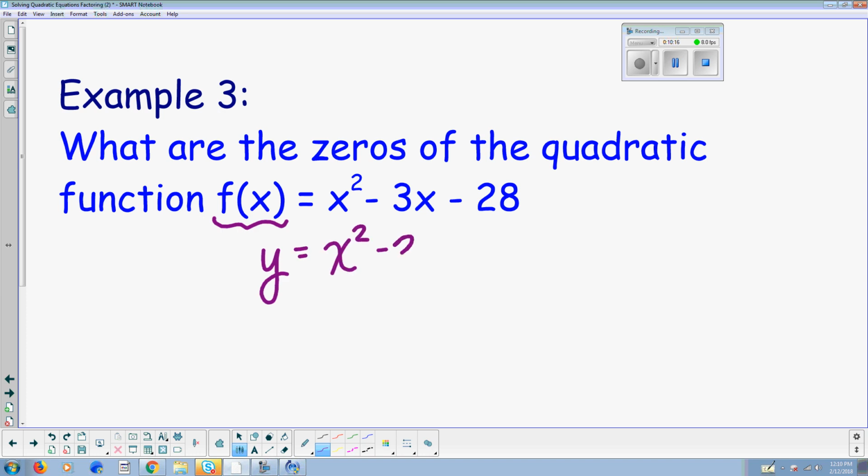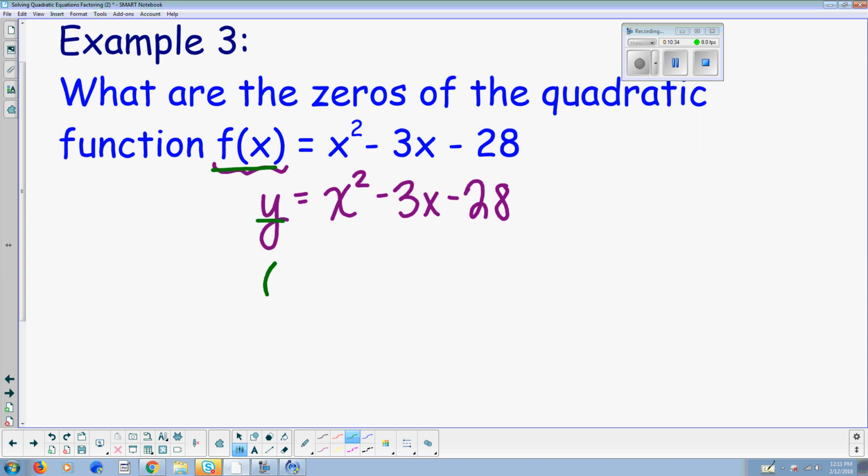Y equals x squared minus 3x minus 28. And in order to solve a quadratic equation by graphing, the first step is to set the equation equal to 0. So if it's set equal to f of x, or if it's set equal to y, you can change that to a 0. That is because we want to use our zero product property.